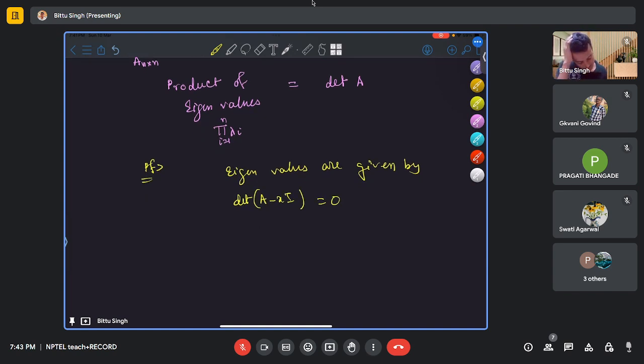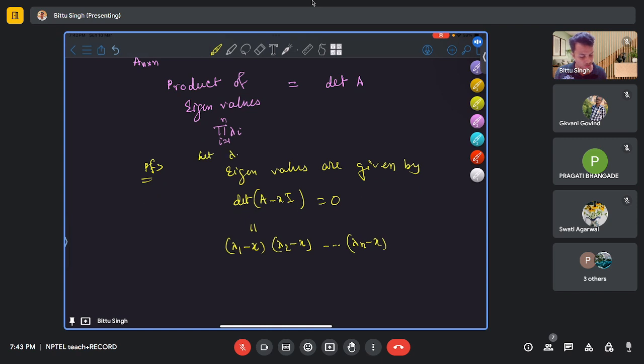Now, if the lambda i's are eigenvalues, then you can write this thing. This is actually the same as lambda 1 minus x, lambda 2 minus x, up to lambda n minus x.